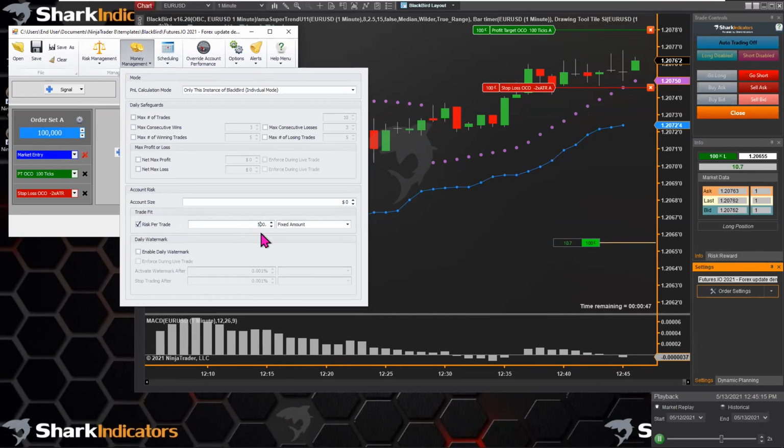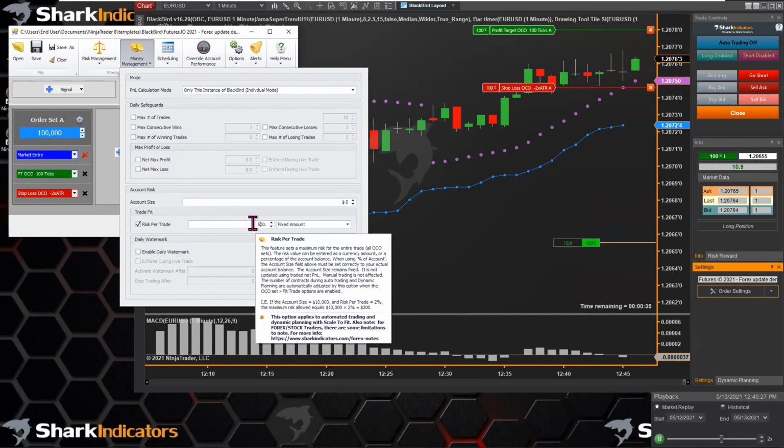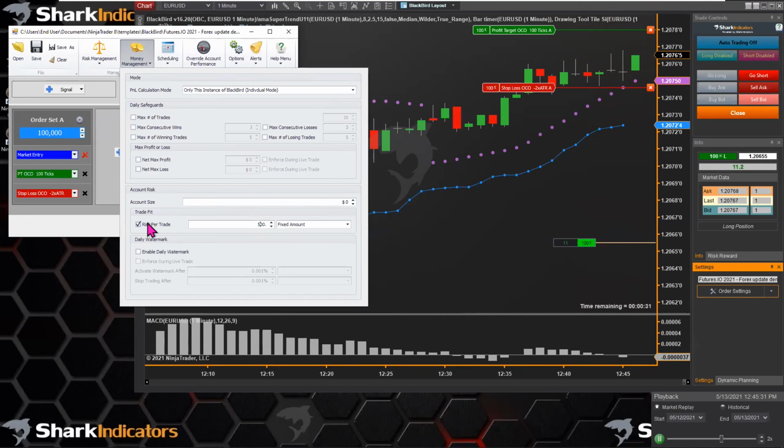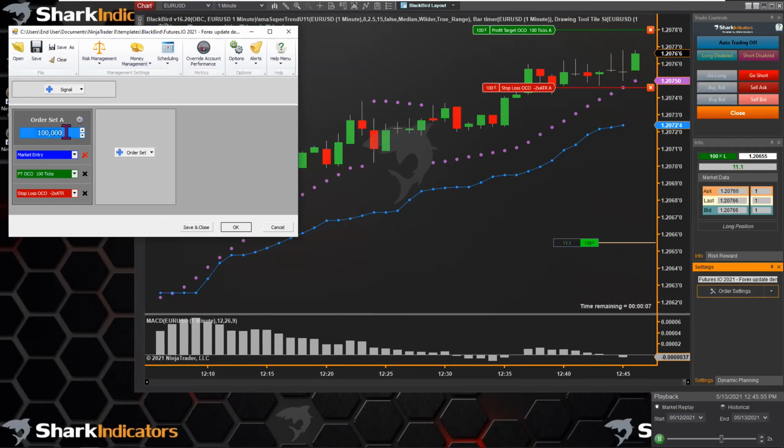I just put in $500, which is probably high for Forex, but it'll make for a good demo. And the trade fit, like I mentioned, is going to scale up or scale down the number of lots here. You can see I'm set up to trade a standard lot.